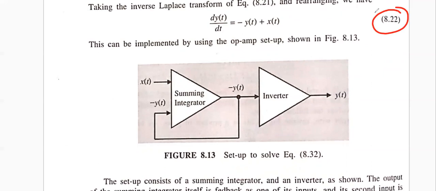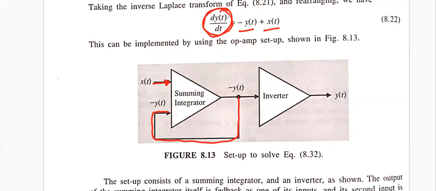in the block diagram. So this is the block diagram, where you can understand that minus y(t) plus x(t), adding two parts, this is minus y(t) and x(t), will produce these things. So whenever that is summed, that will produce these things.